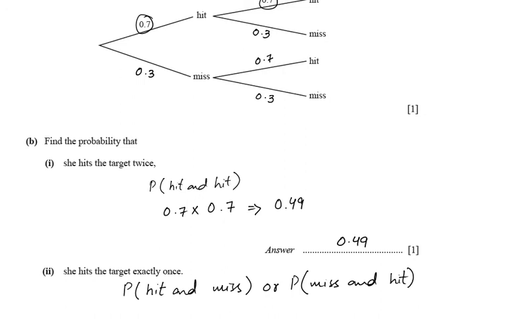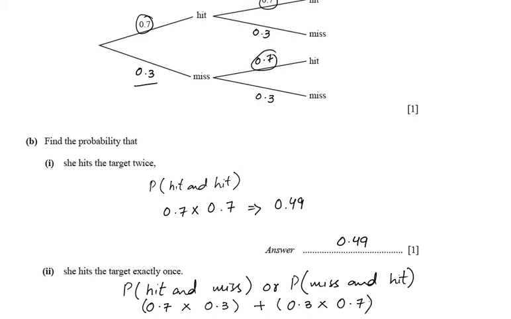Now if we write the probabilities of this, the probability of hit is 0.7, 'and' means multiply, and the probability of miss is 0.3. 'Or' means add. Okay, so we will write the addition sign, that maybe the first time it will miss, so the probability is 0.3, and the second time it will hit, so the probability is 0.7.